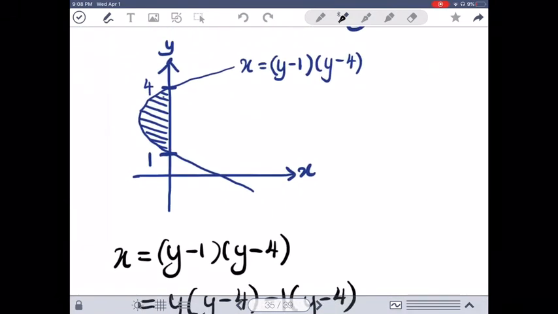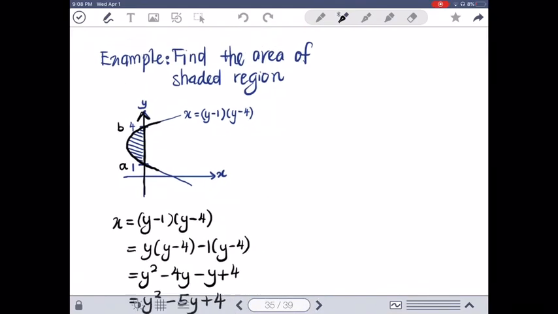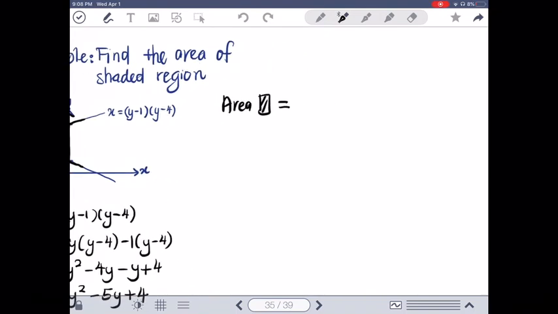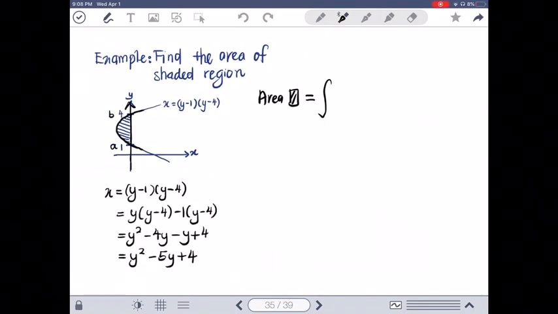So again, we have a region bounded by the curve and the y-axis, where the boundaries a to b lie on the y-axis. Which means that if you want to find the area of the shaded region, it's just equal to the integration from, in this case, 1 to 4 of the function x with respect to y.